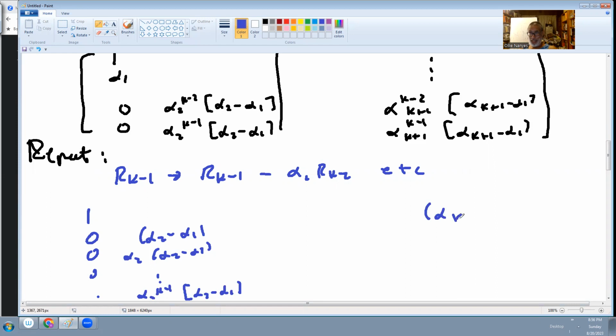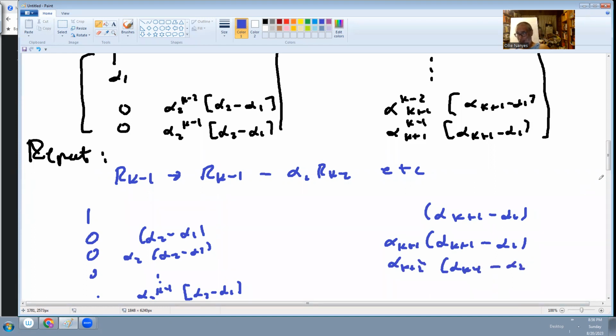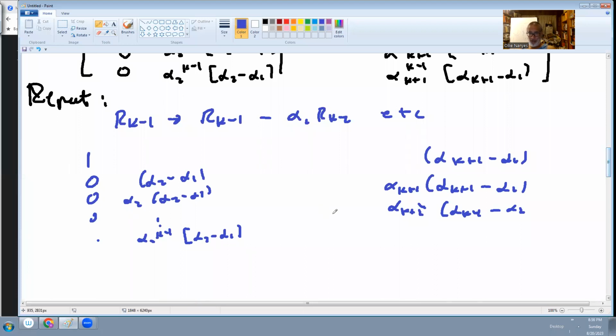We'd have alpha k plus 1 minus alpha 1, alpha k plus 1 minus alpha 1 times alpha k plus 1 to the first power. And we would have all the way down to here. I'm sorry, these are alpha 1s here.